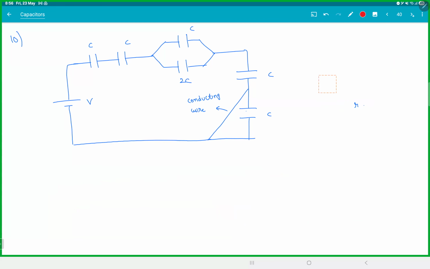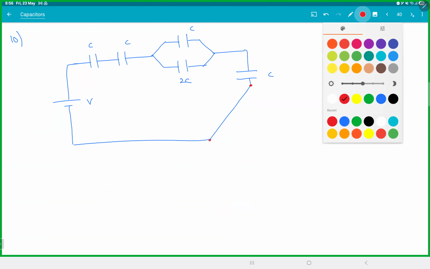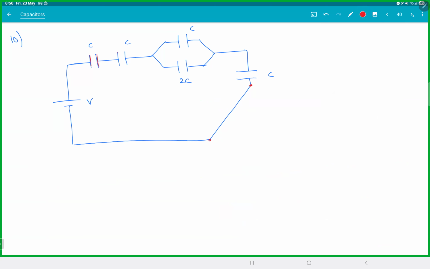So that means this guy is gone. This point and this point became the same potential. The capacitors I'm marking in red are in series, so that is C by 3. This and this are in parallel, that is 2C.